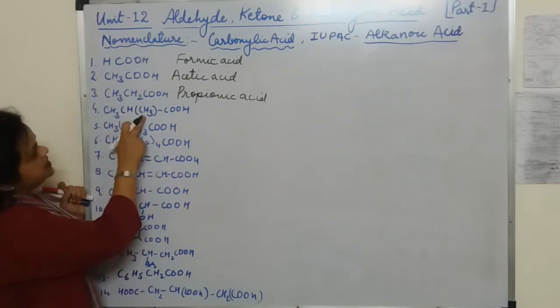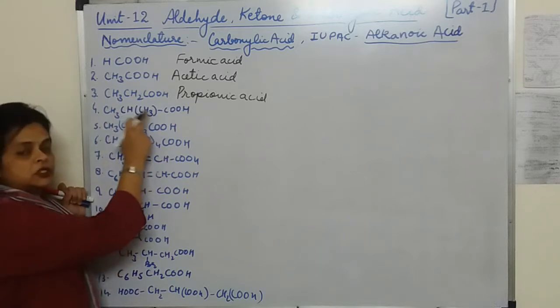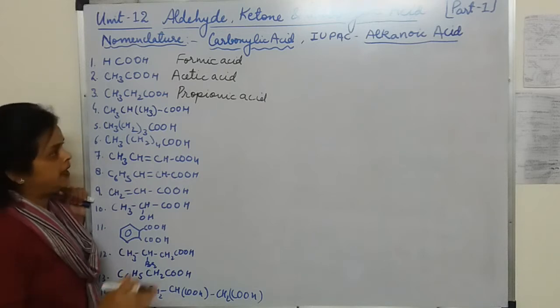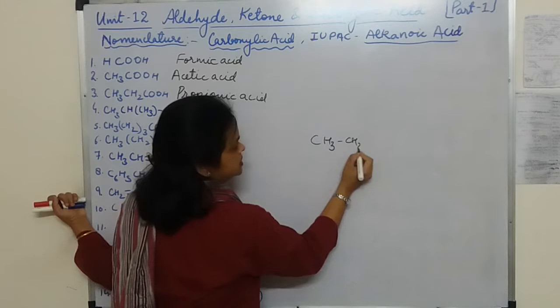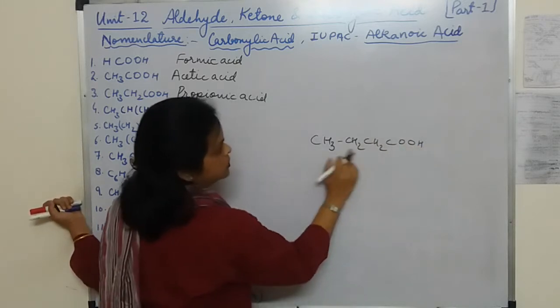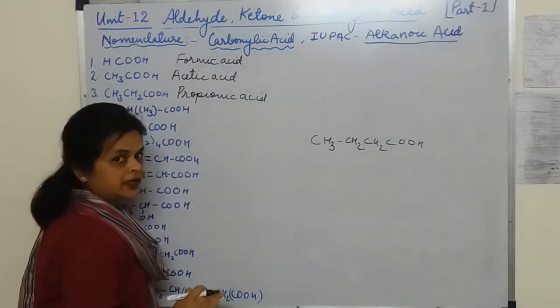Here we have a CH3 group attached to the second carbon, so this is an iso group and it has 4 carbons. So it is isobutyric acid. I have not written it like this. See, if it is written like this, CH3, CH2, CH2, COOH, then 4 carbons and carboxylic acid, so its name is butyric acid.